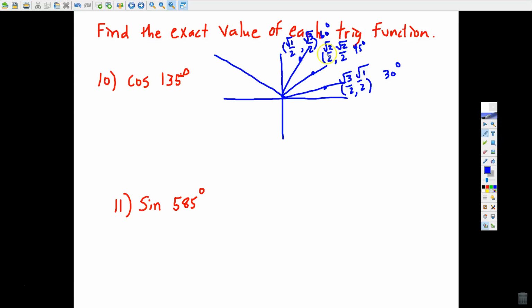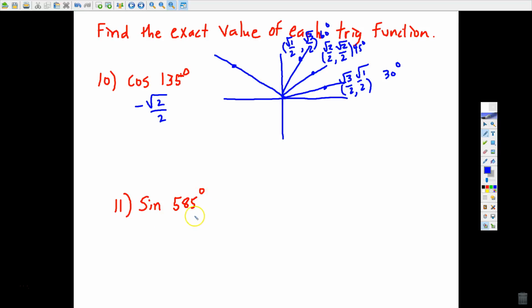Take the x coordinate, but in quadrant 2, cosine is negative. So I'm going to look at this ordered pair, but I'm going to remember, since this angle technically falls in quadrant 2, that's going to make cosine negative. It's negative √2/2.